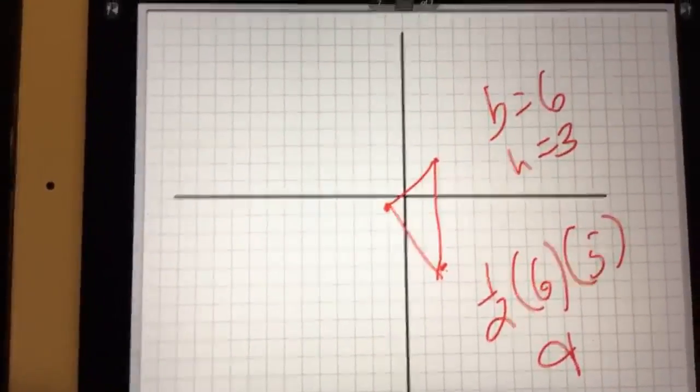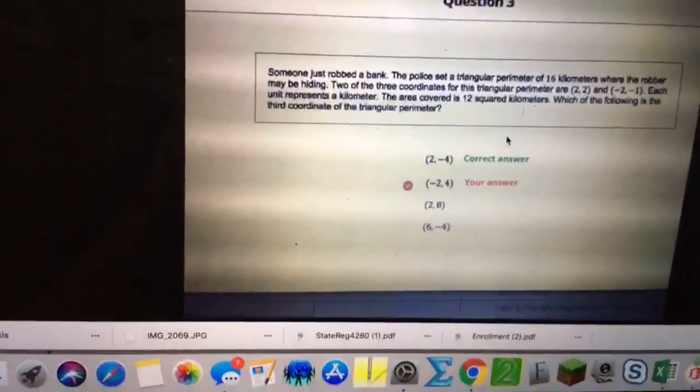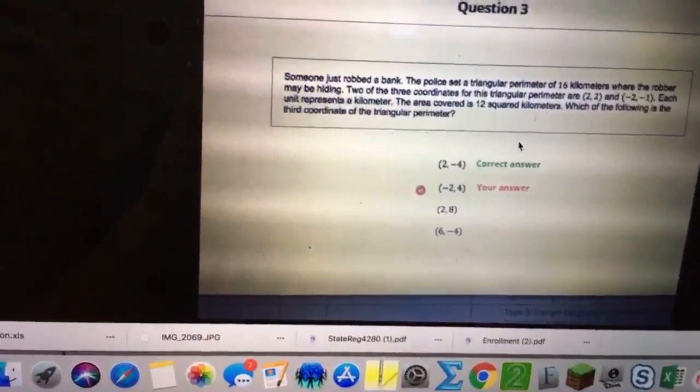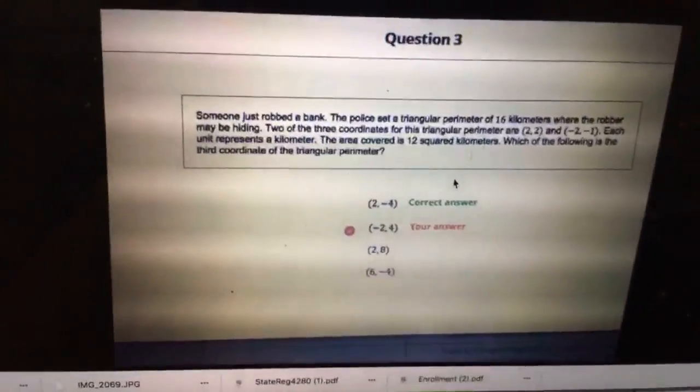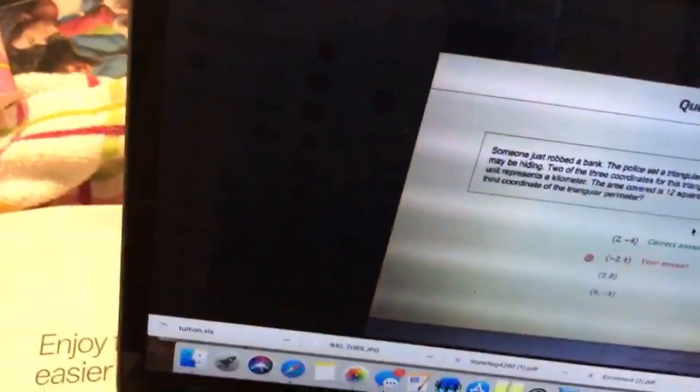That's not what they wanted. They wanted it to be 12. So I don't see how that could possibly be the correct answer, and I think whatever resource you used for this had the incorrect answer.